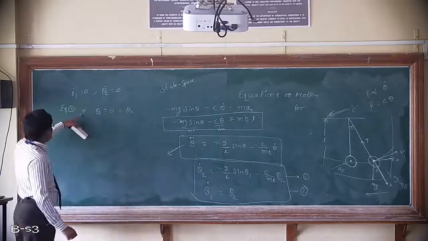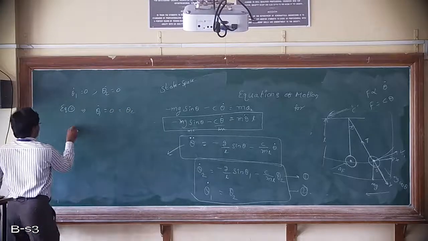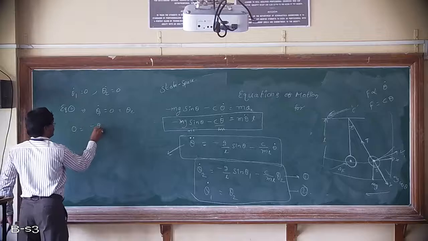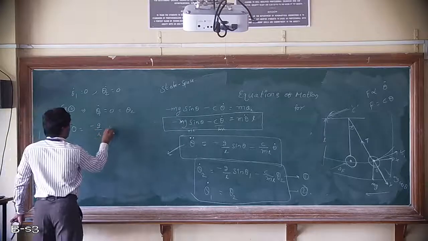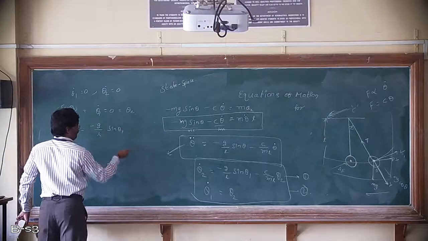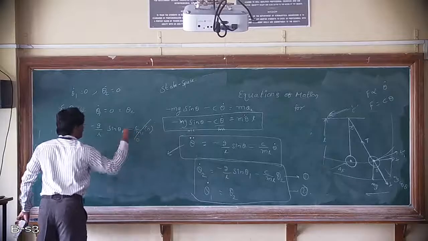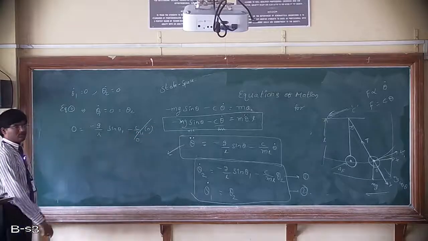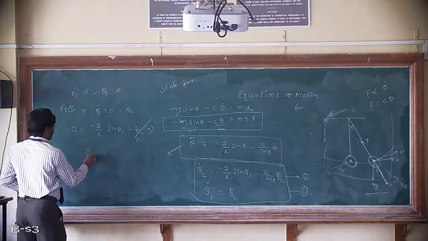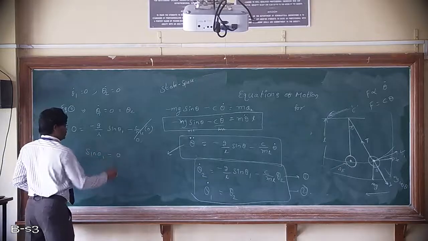If you substitute these values in equation 1, you get 0 equal to minus g by L sin theta 1 minus c by ml times 0. This term becomes 0, and here it is already 0. So we get sin theta 1 equal to 0.